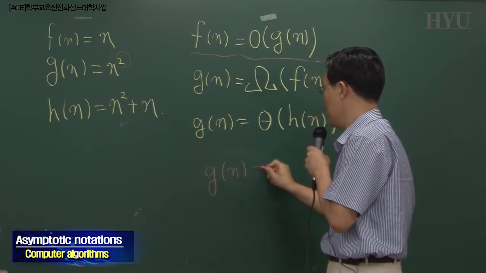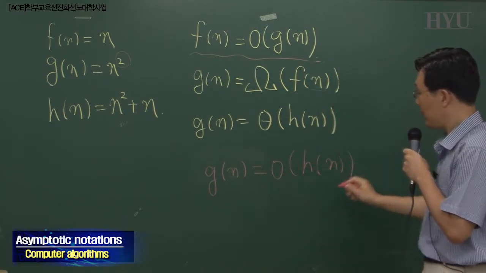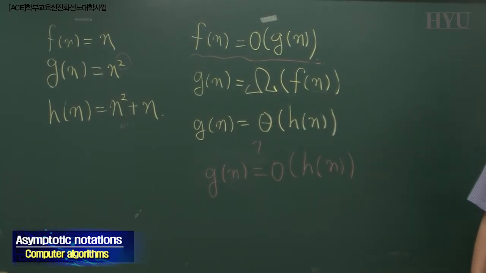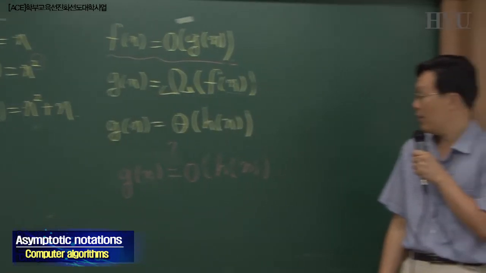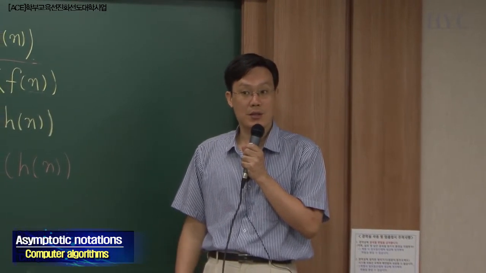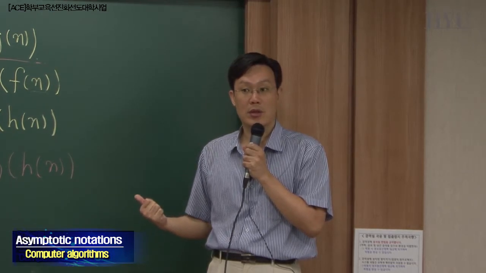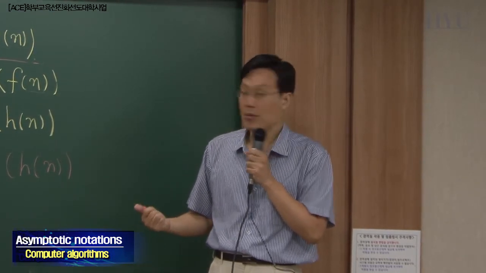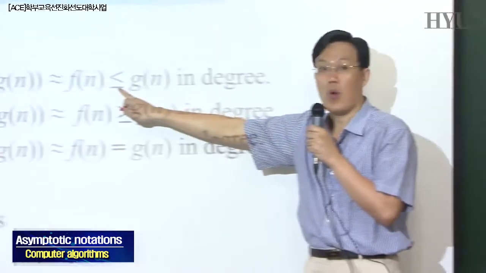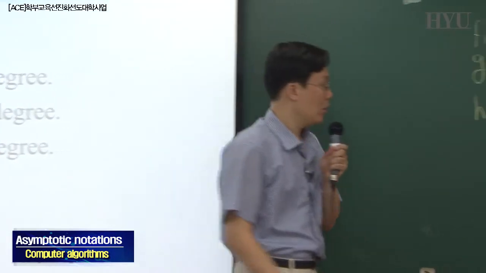Let's think about this. Is it true or false? Is g of n big O of h of n? Is this true or false? It's true because there is an equality here, okay?